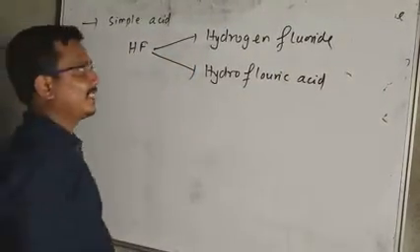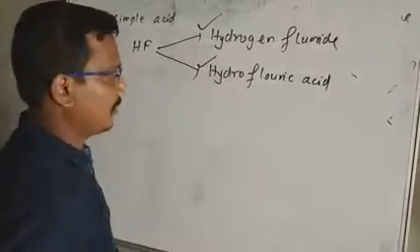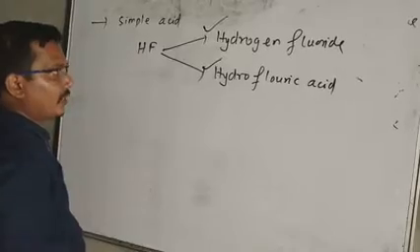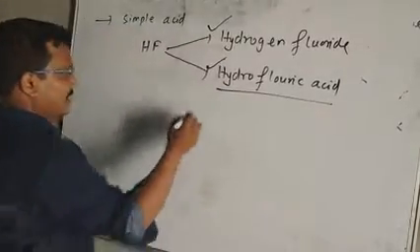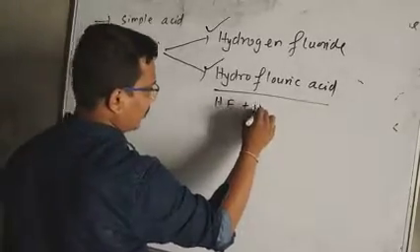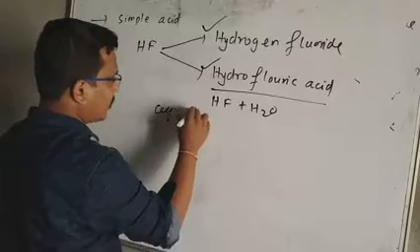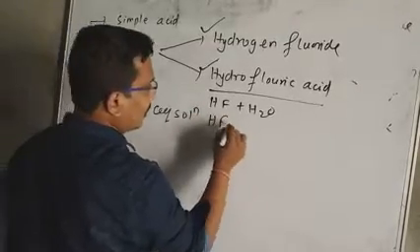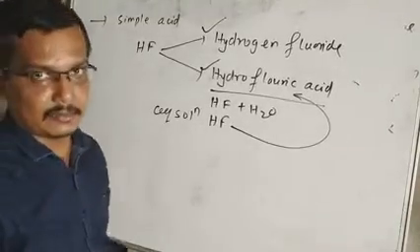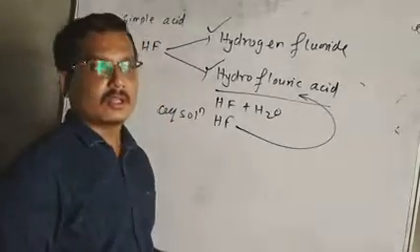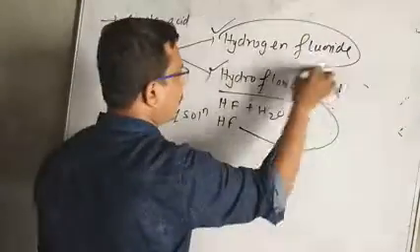But in which case is each name used? Remember one point: hydrofluoric acid must contain water. That means an aqueous solution of HF is named hydrofluoric acid. Only HF without any water molecules, present in the pure state, is said to be hydrogen fluoride.